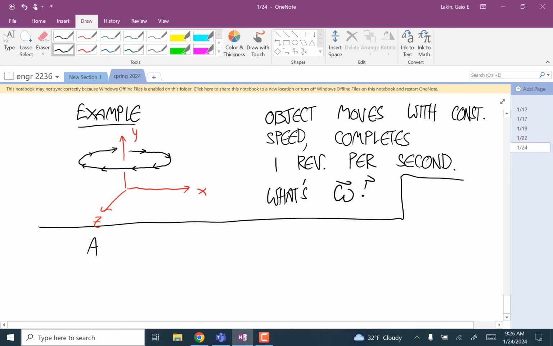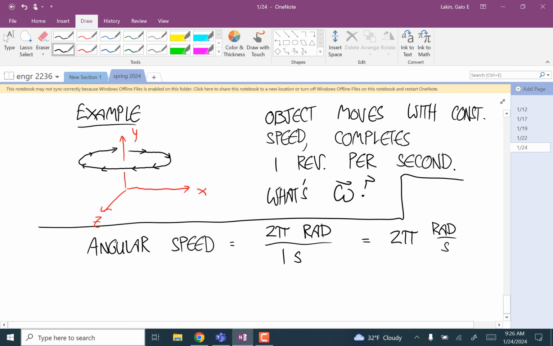Well, first, the angular speed is, it's making one revolution every second. So this is going to be 2 pi radians over 1 second. So that's 2 pi radians per second. And now we have to think about the direction in terms of the right-hand rule.